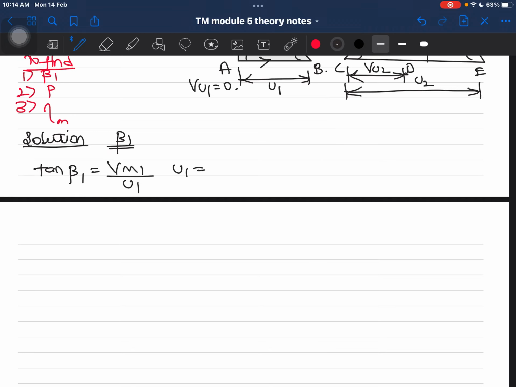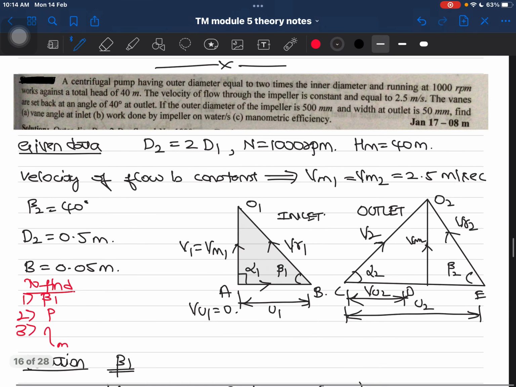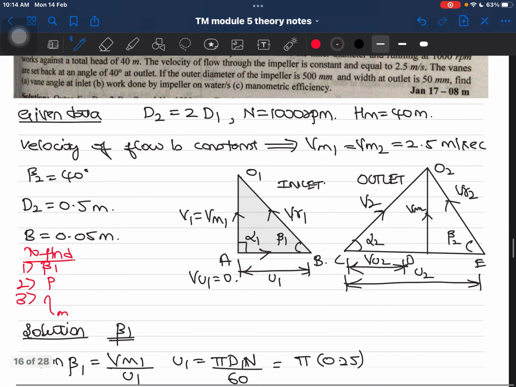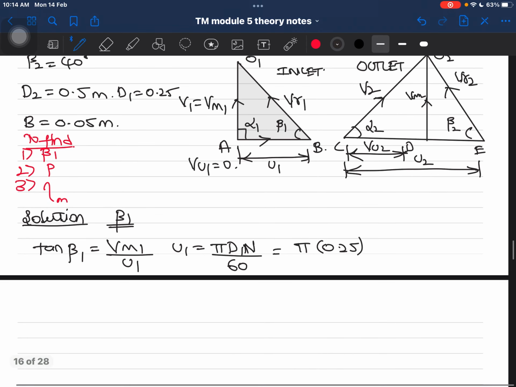You have to calculate the value of U1, which is easy: U1 is pi D1 N divided by 60. You can calculate D1 from the relation here. He says D2 is twice D1, so D2 is 0.5, so D1 would be 0.25.